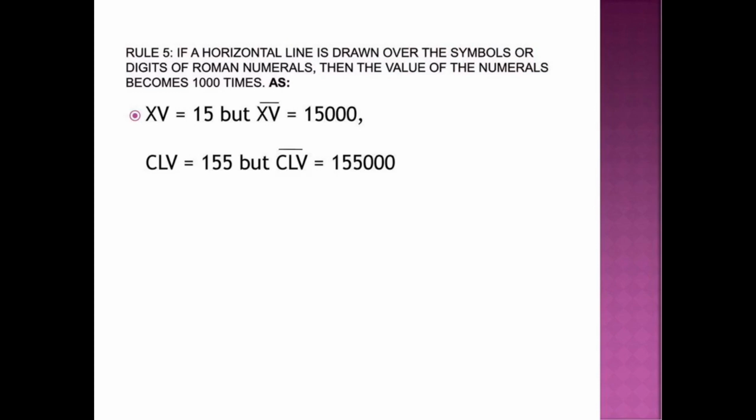Second example is CLV. Now CLV means 155, but if I draw a horizontal line over CLV, then it will be equal to 155,000. Hopefully it is also clear to you.